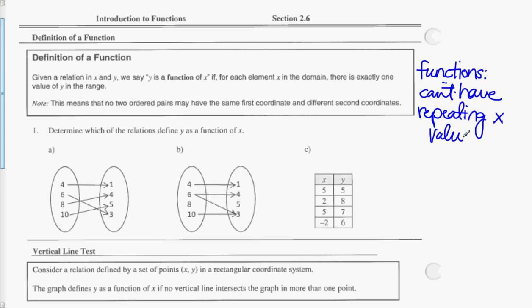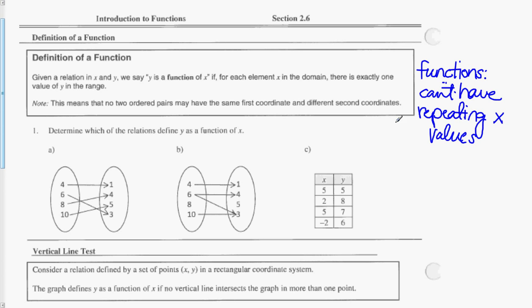If you'll remember back to when we were listing domains of relations, I told you that if you had an x value, you didn't have to list it twice in the domain. Well, that's fine when you're just listing domains and ranges. But when the question is asked, is this a function or not, you can answer yes as long as your ordered pairs do not have a repeating x in them. So it could be drawn a couple of different ways.